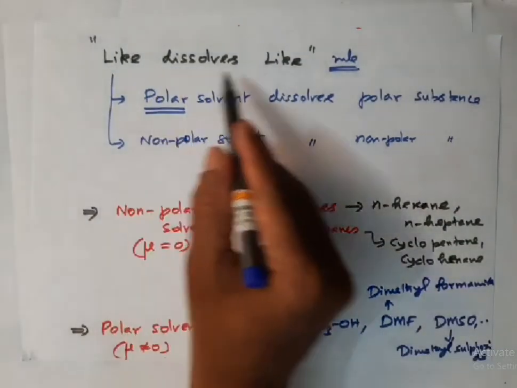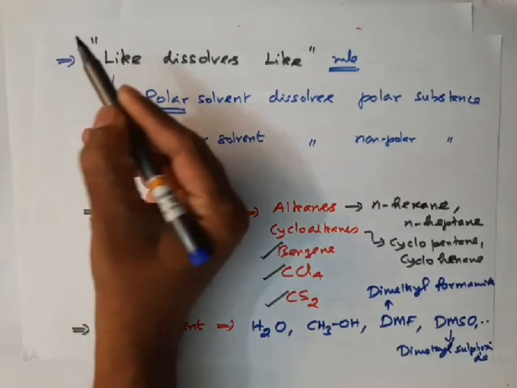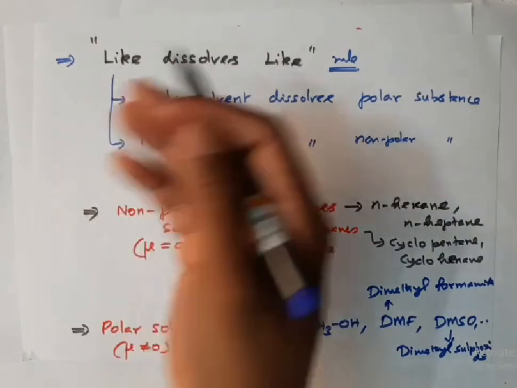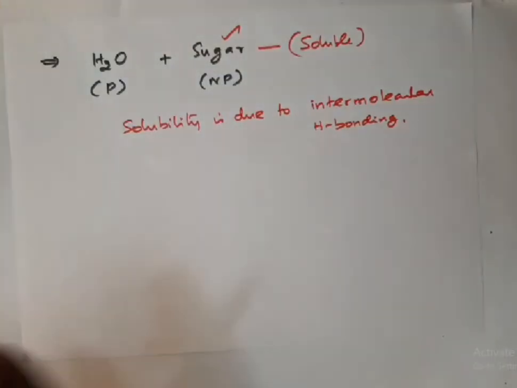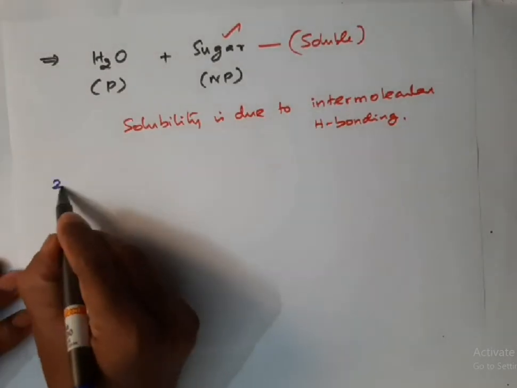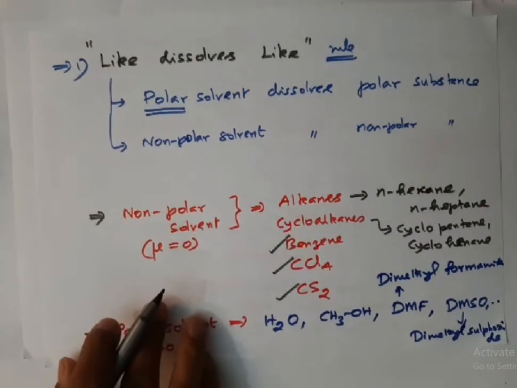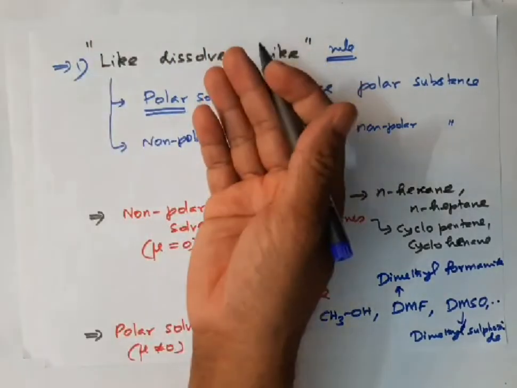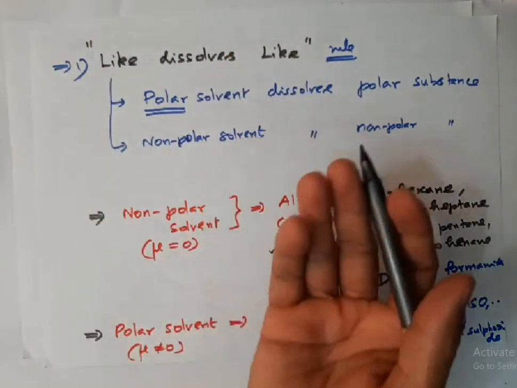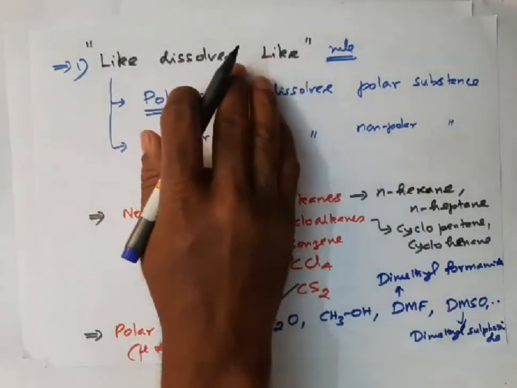The like dissolves like rule will tell you how the nature of the solvent and nature of the solute affects the solubility. So this is number one. Number one represents the like dissolves like rule. This indirectly gives you how solubility depends on the nature of the solute and nature of the solvent.